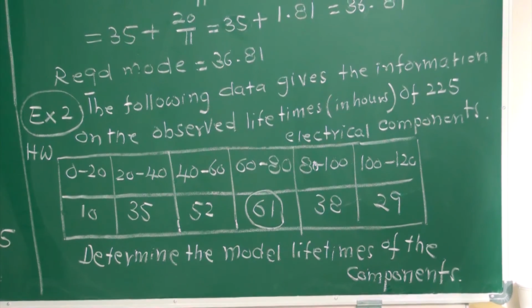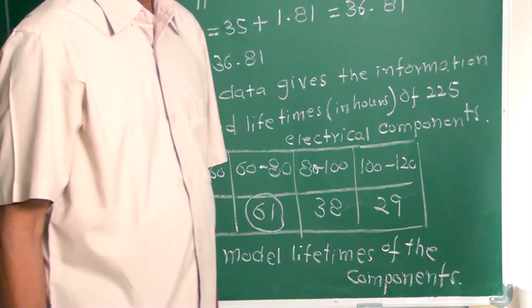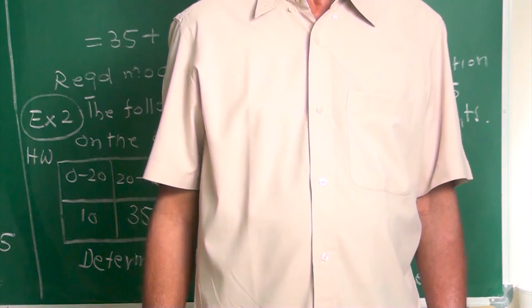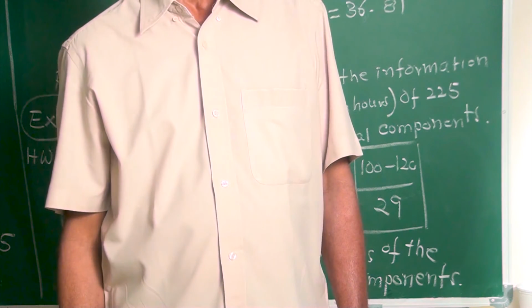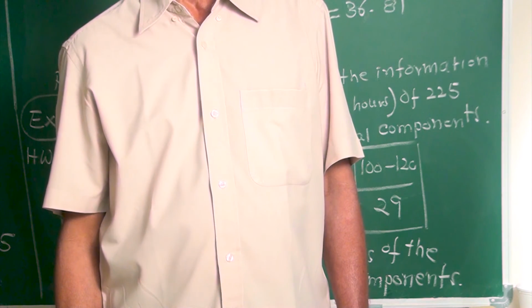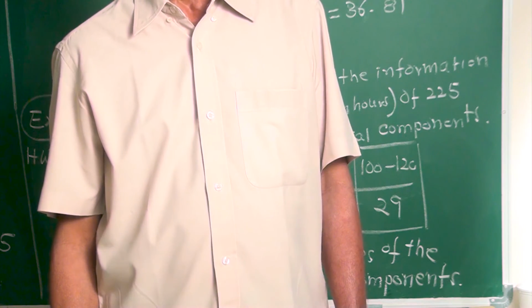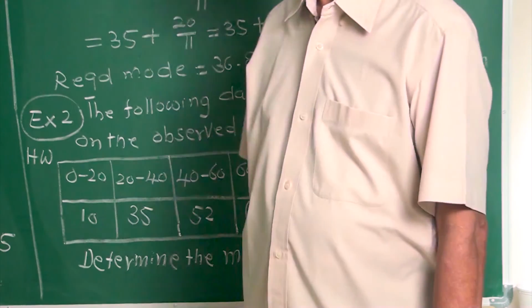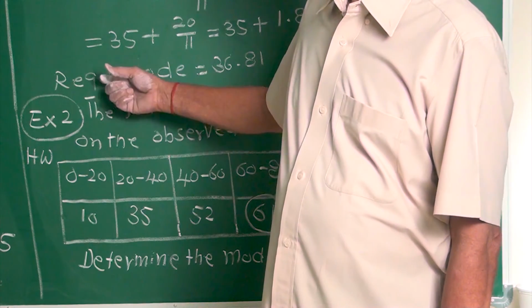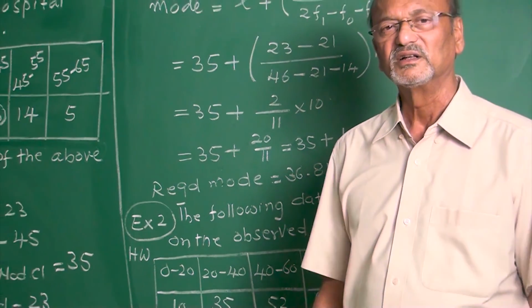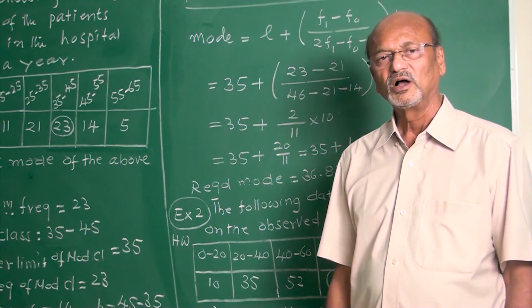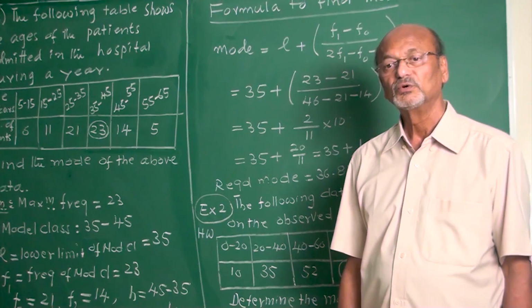Yes, my friends. The examples on mode are quite simple. Today it is enough; finding mode is quite simple, so these one or two examples are enough. Otherwise, if you want, in the next class I will do one or two more examples on mode.